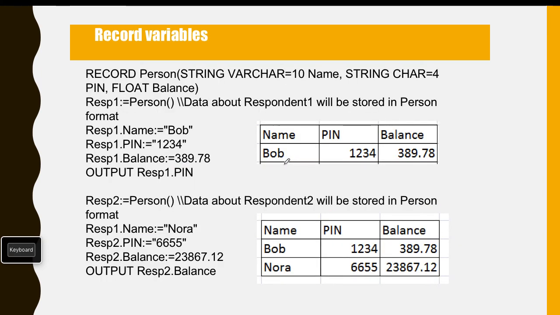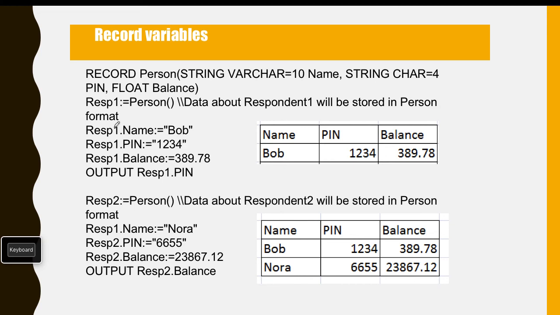Right, last thing to speak about here is how we can write it in terms of coding. So we've got the record being defined here, we spoke about before. Here we can assign that particular person's record to a variable which would store the different values.